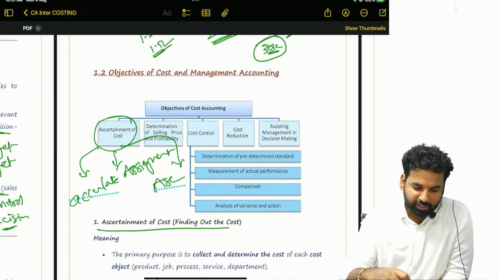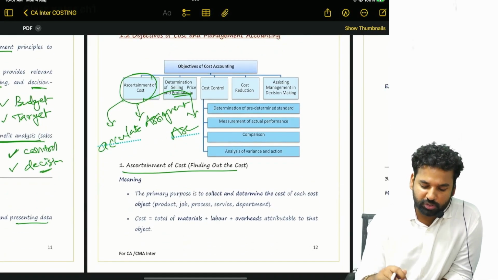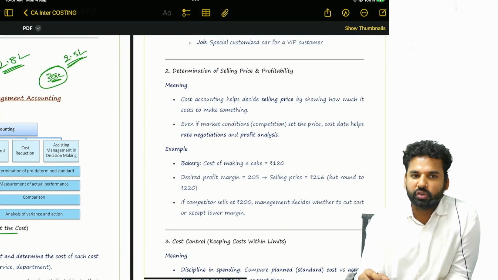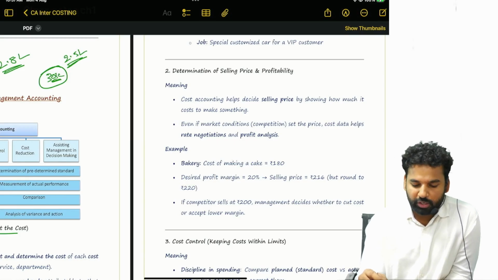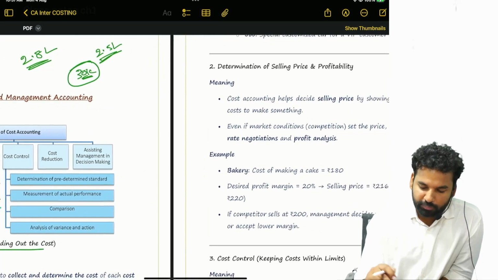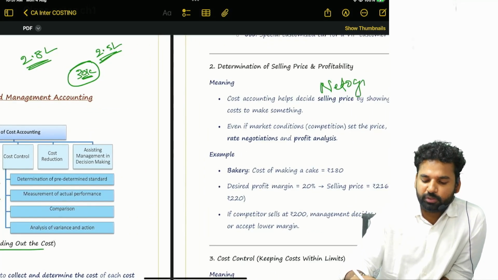So like this. Next, determination of selling price and profitability. So with the use of costing system, you can determine selling price and profitability. So when you know the cost, you can fix the selling price. Okay. At the same time, profitability also. When you know the cost, then only you can fix the profitability. Okay. So and it will help in negotiation also. How it will help in negotiation?